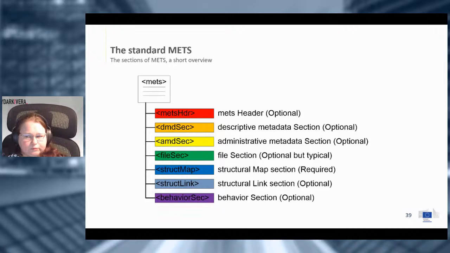And you can also connect the content with the other sections, so with the descriptive metadata and administrative metadata, which also is possible to do in the file section. What you also can use the structural map for is actually to make imaginary connections. So I will talk about that a little bit with some more aid from the next slide.